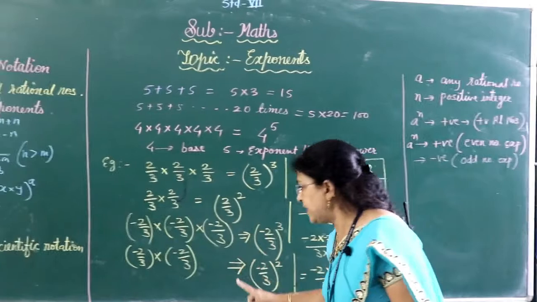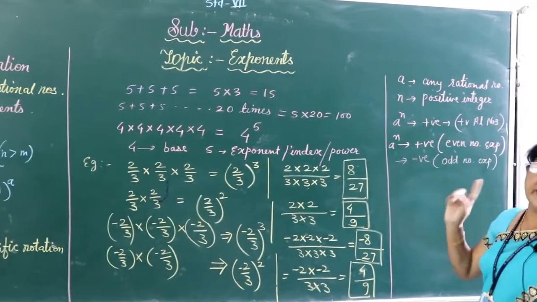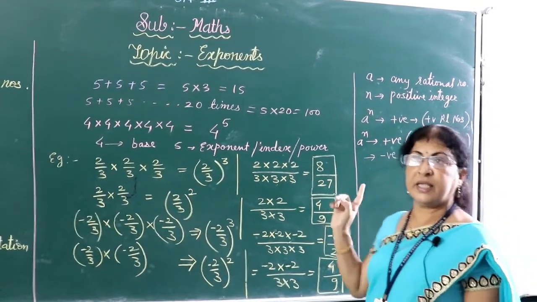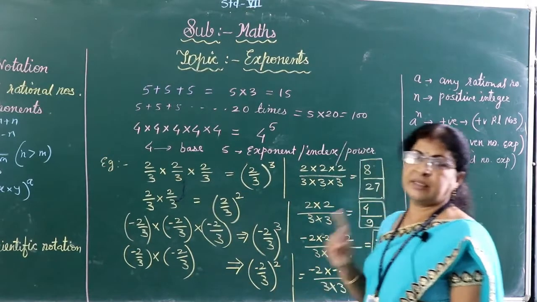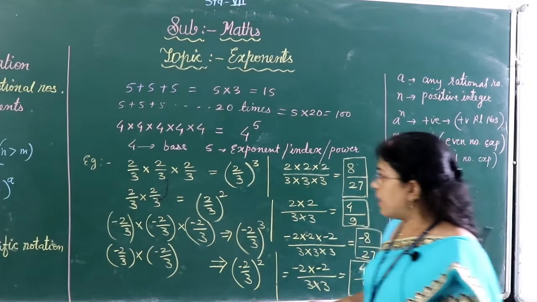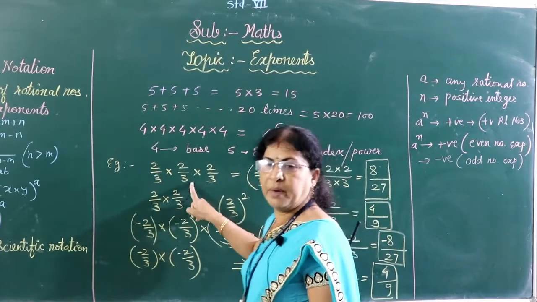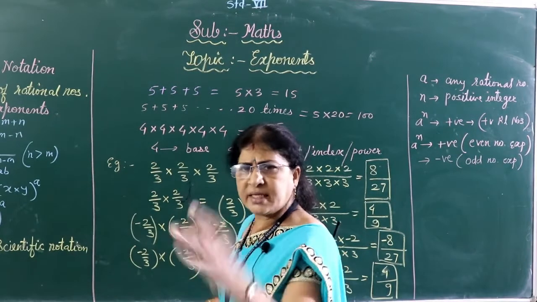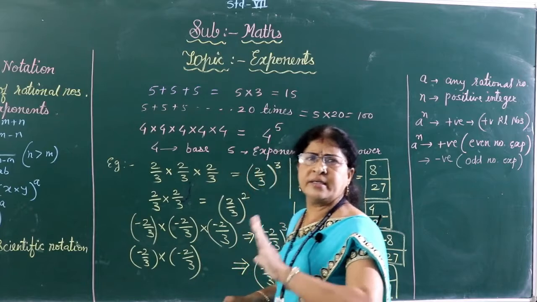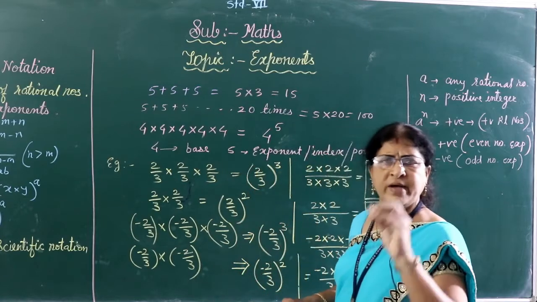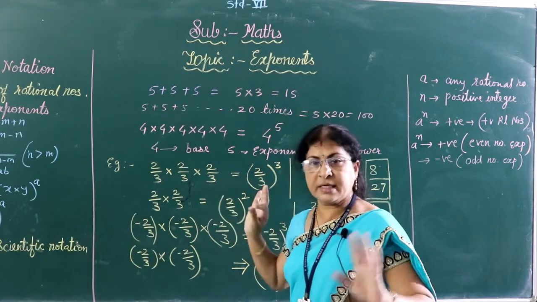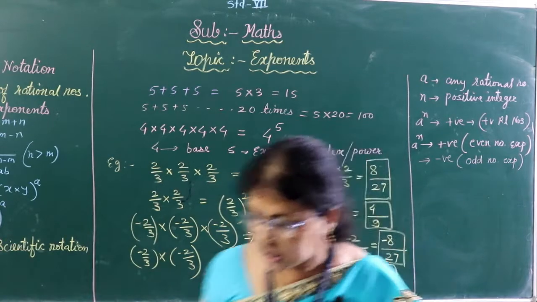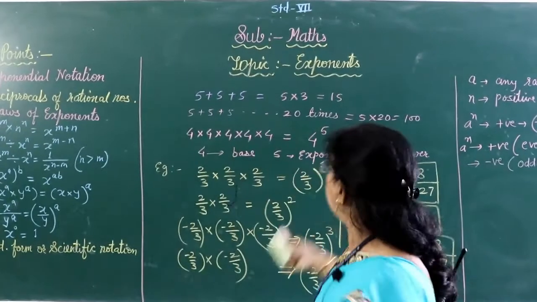For negative rational numbers only, we check the exponent. If it is even, the answer will be positive. If it is odd, the answer will be negative. But remember, for positive rational numbers, whatever the exponent is, it doesn't matter. The answer will always be positive. Is it clear? Now, let's proceed further.